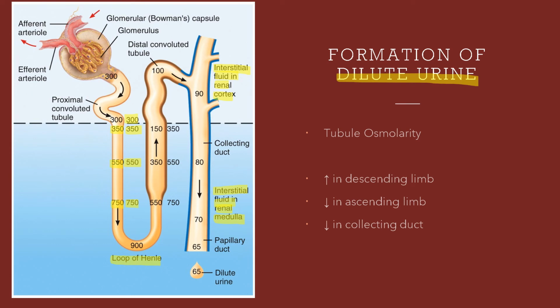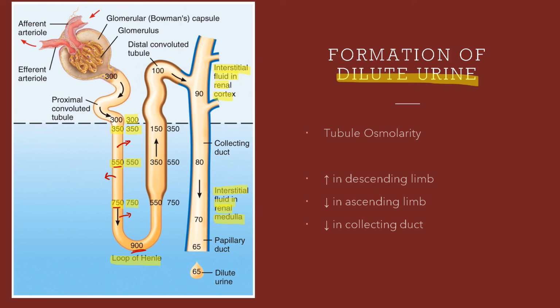So water is going to be leaving the loop here and being reabsorbed into the blood as we go lower and lower. And this reabsorption of water is going to cause the osmolarity of the fluid within the tubule to increase until we get to its maximum down here at the tip of the loop of Henle.